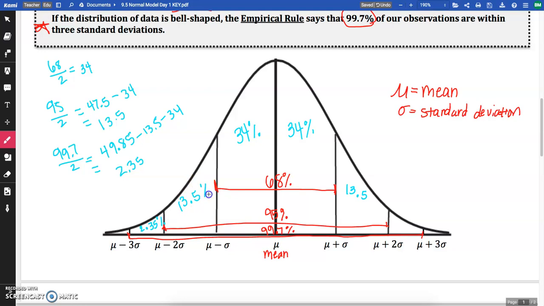And then 2.35 over here as well. Lastly, for this little piece, if the 3 bars on the left are 49.85, and this is half of my distribution, that means I have 0.15% left to get to 50% on each side.